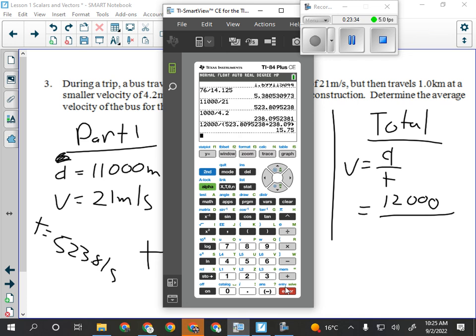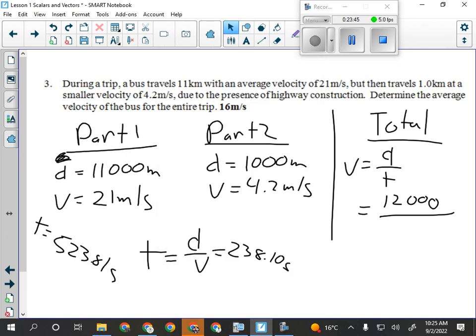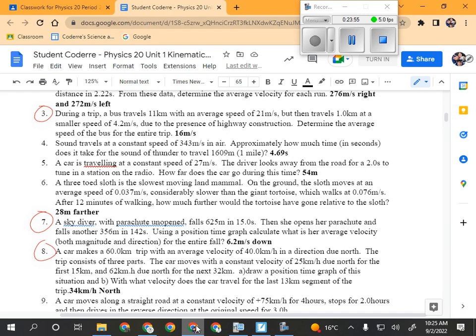Oh, and you left it in kilometers. Yeah. Okay, so you had it in kilometers per second. Yes. Okay, that's fine. Everyone all right with that? So you did keep your units the same, you just converted your speeds to kilometers per second. Yeah, that's fine.